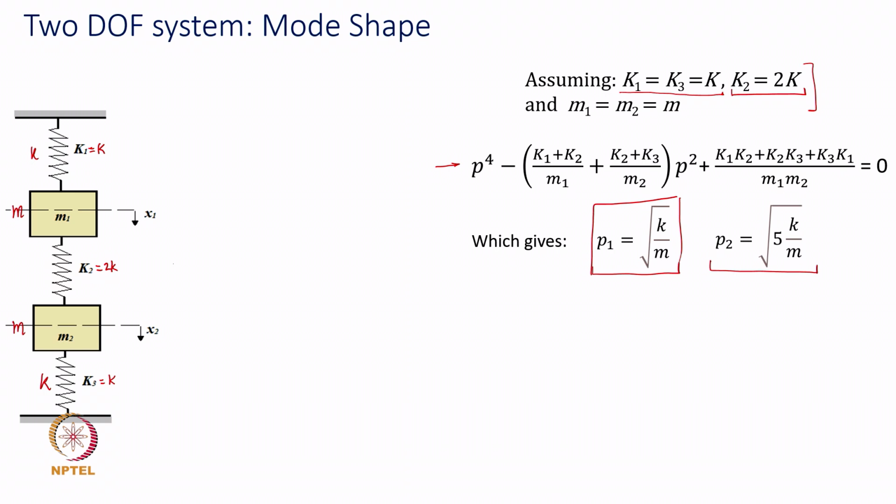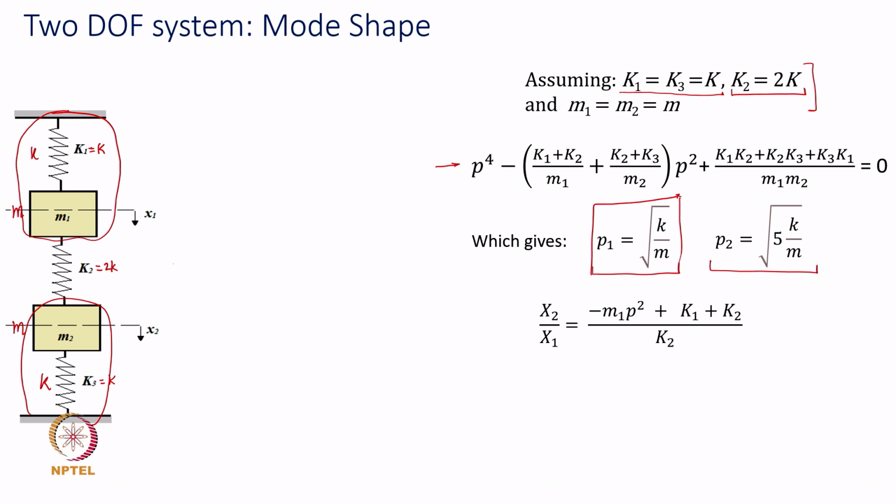That is something we will soon find out, but this simple expression of square root of k over m indicates that at the first natural frequency this system will be almost independent of the second system.